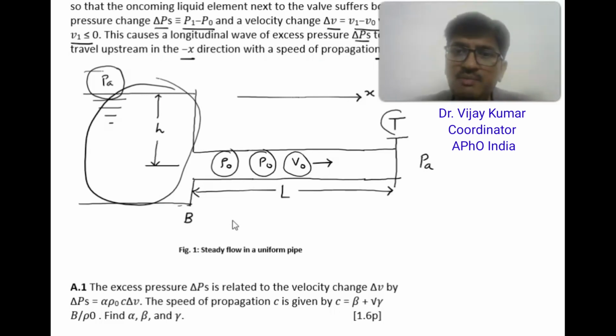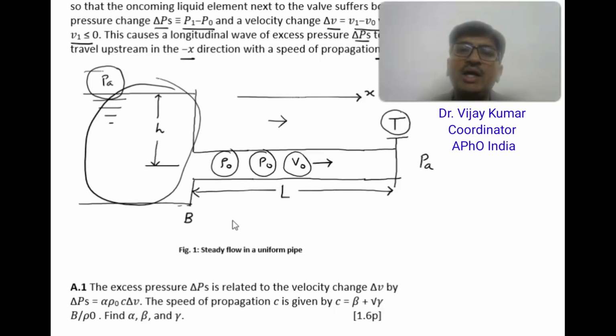This is the T point, that represents a gate which will be closed suddenly, instantly, and the length of this pipe is L. And the liquid is flowing in this direction.